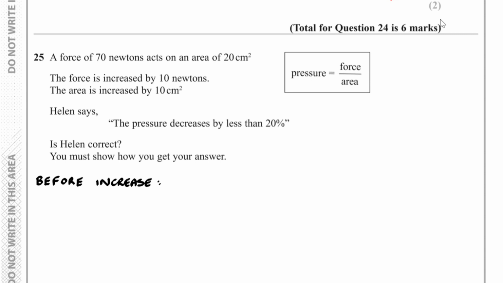So, before the increase, the pressure is equal to 70 newtons divided by 20 centimeters squared. So it turns out we get 3.5 newtons per centimeters squared.